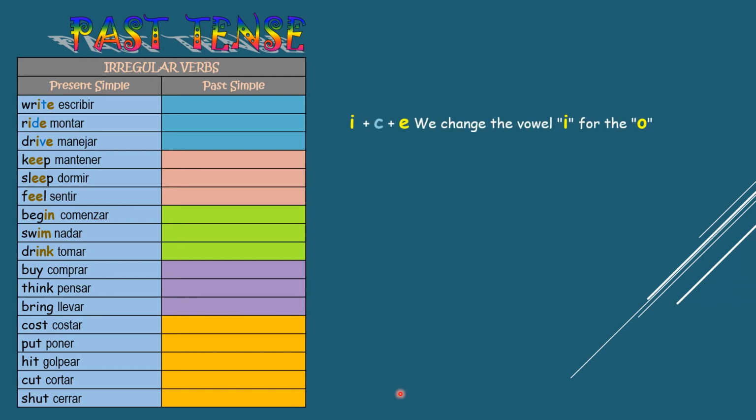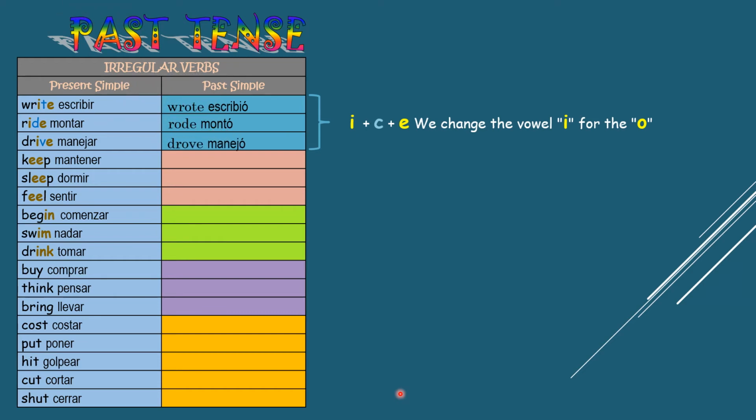Number 1. For example, if the final letters of the verb in this case are I, D, E, we change the vowel I for the O. Example, ride, rode.